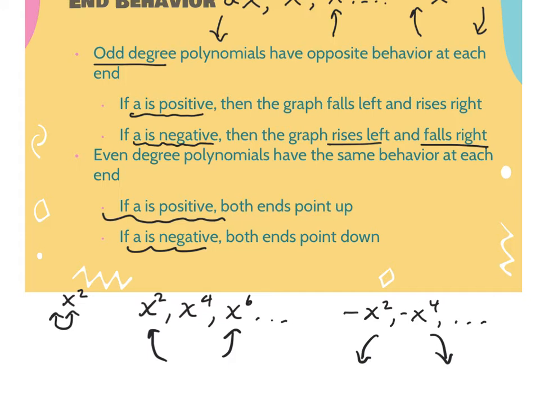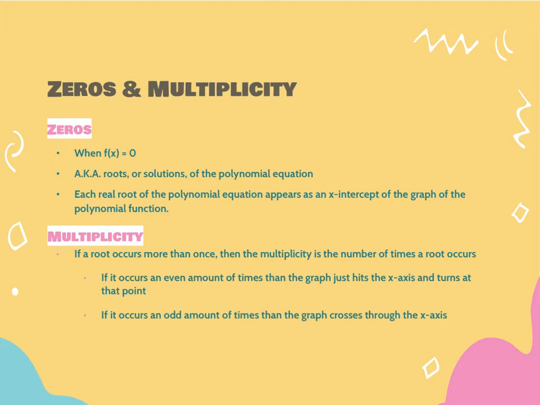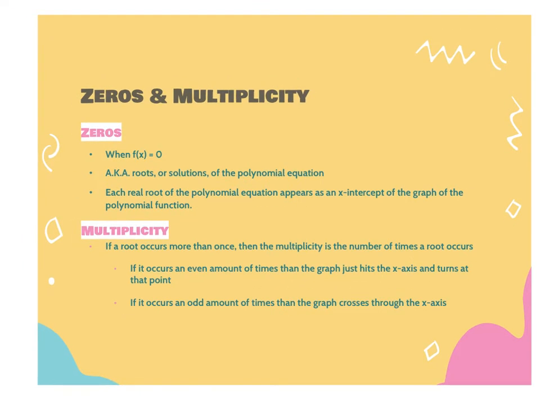The next new piece of information is multiplicity, which is on the next slide. So let's see that. Now, the part here where it says zeros, this is the same thing that we've been doing in 3.3 and 3.4.